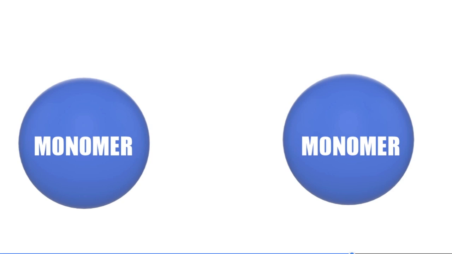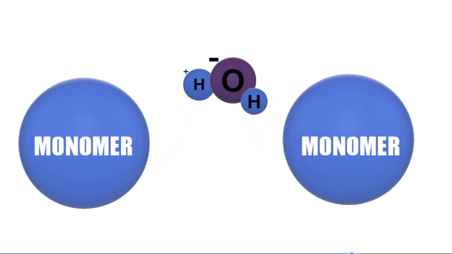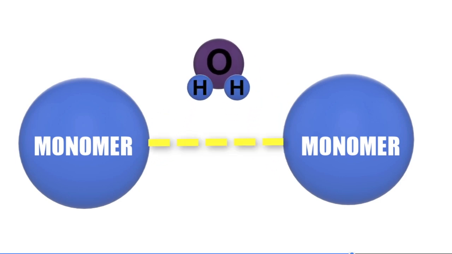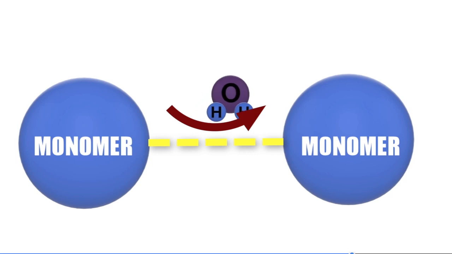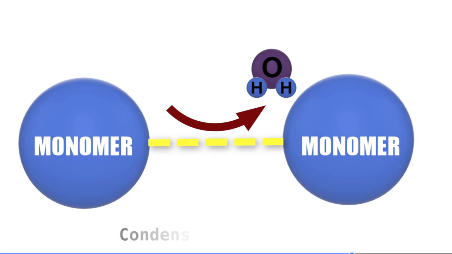One example of this is that when two molecules come together, one will lose a hydrogen atom, and the other will lose a hydroxyl group. The end result of this reaction is that the two molecules are losing an H2O, or a water molecule. And this is known as a condensation reaction.